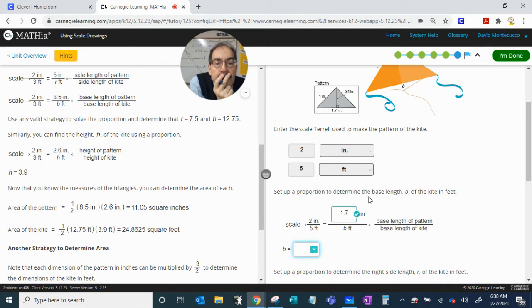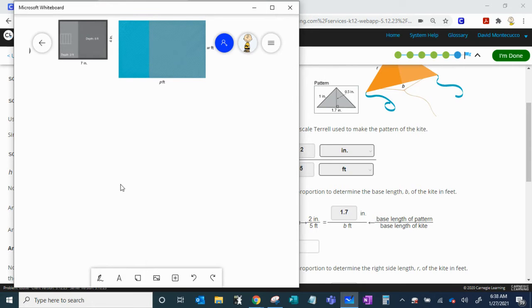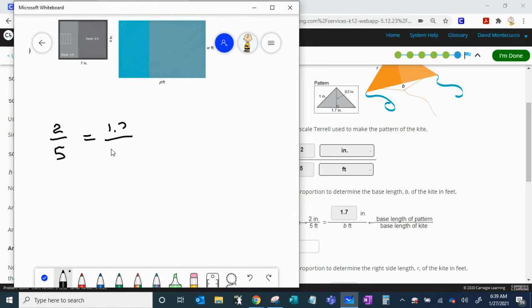Now we want to know what B is. We have this 1.7. So 2 goes to 5 as 1.7 goes to the base.